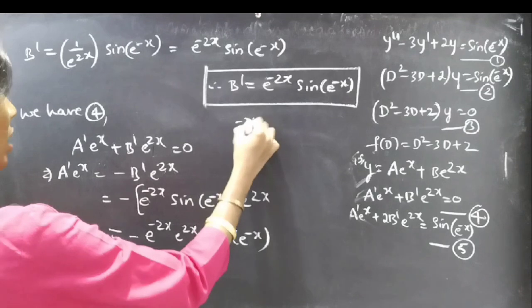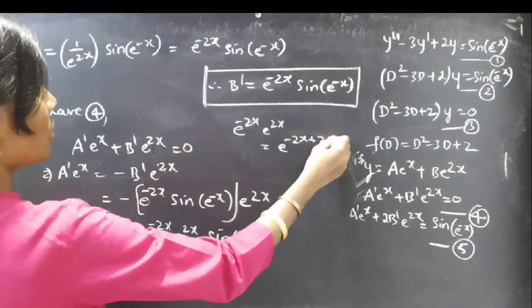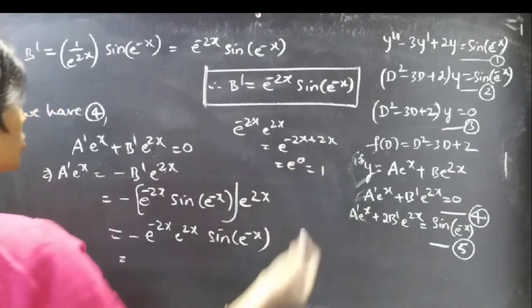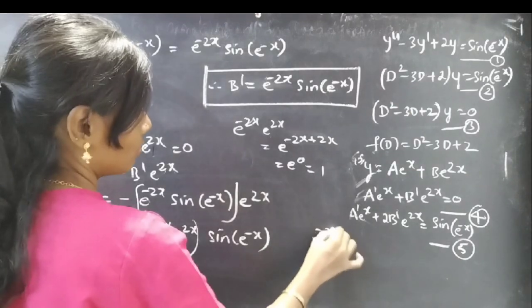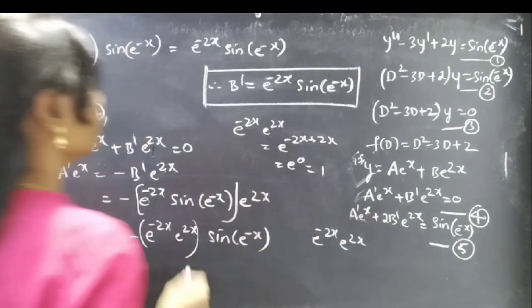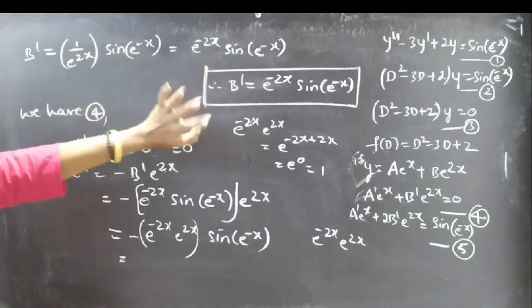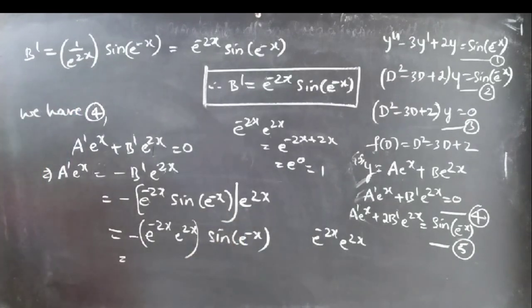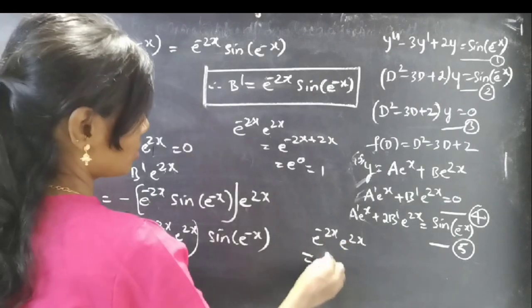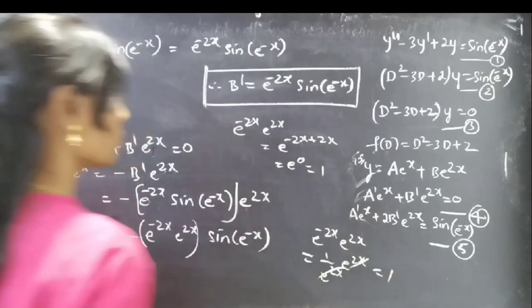e power minus 2x into e power 2x is e power minus 2x plus 2x, which equals e power 0, and e power 0 is 1. Or you can write e power minus 2x as 1 by e power 2x into e power 2x, where e power 2x gets cancelled, and you will get 1.